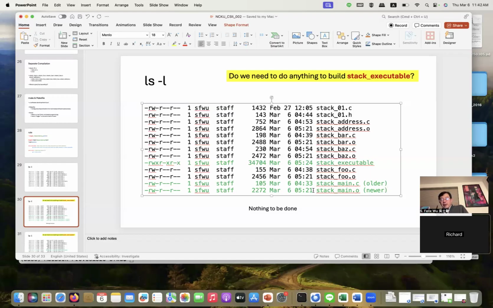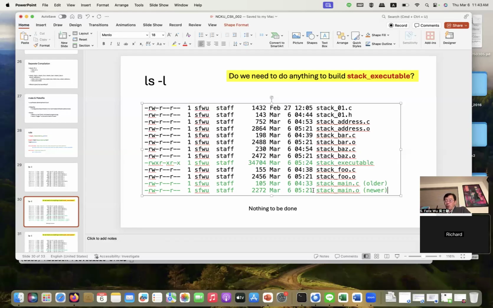So essentially, stackman.c had its last change at 4:33. And after you make the last change, then at 5:21, you actually take that main.c and generate a .o. So essentially, the .o file represents the most recent result from the stack main.c.